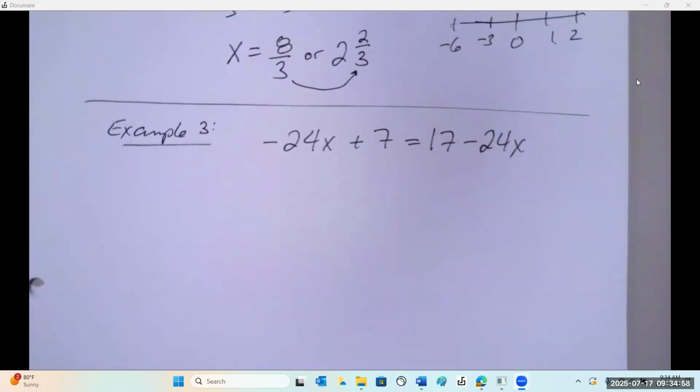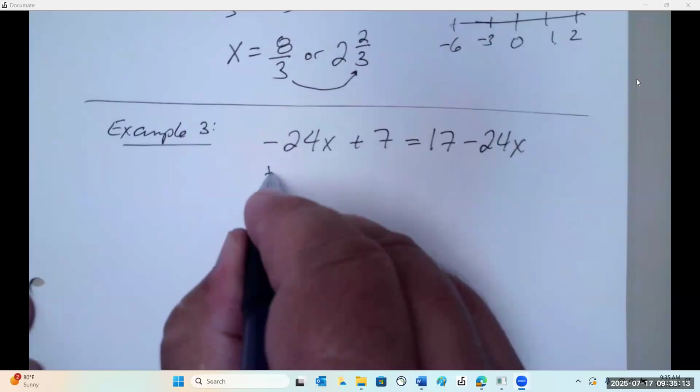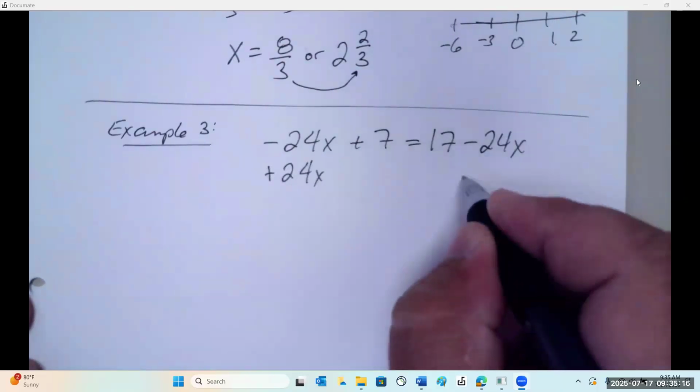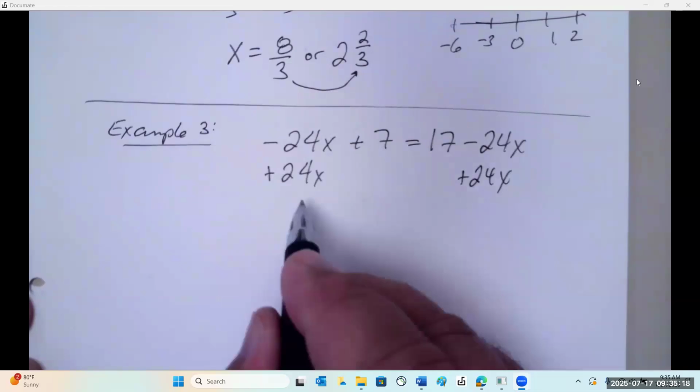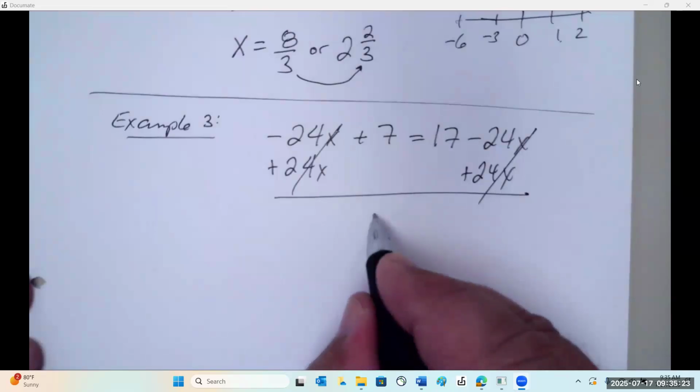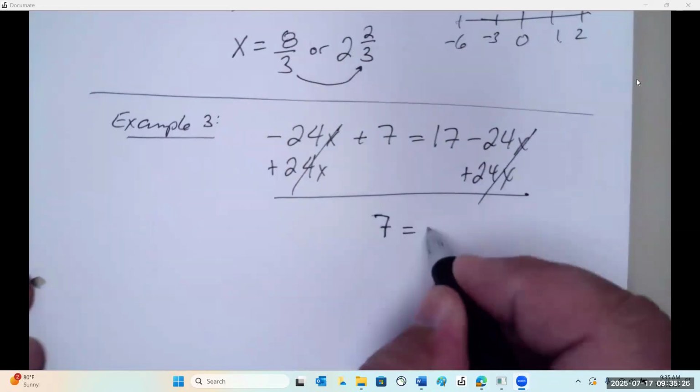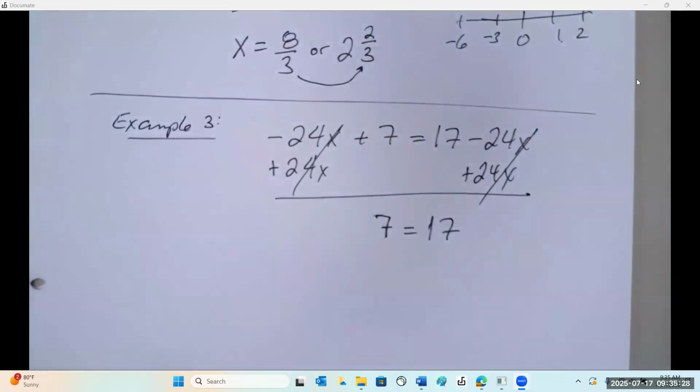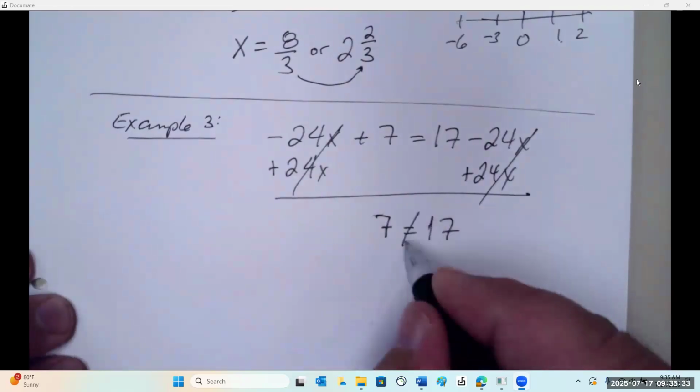I have to get all the x's to one side. Okay, first off, are there any parentheses anywhere? Because you have to first get rid of the parentheses. Now, since we have x's on both sides, how do we get the x's to one side? We have to add 24x to both sides. Are those equal? So what does that mean?